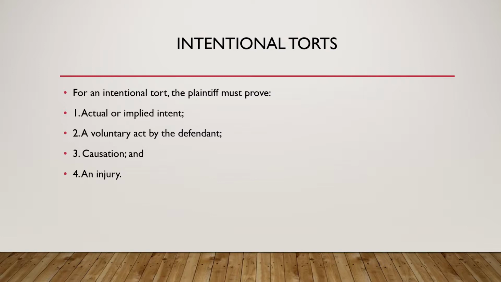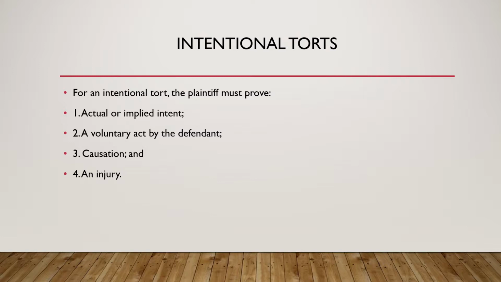So let's take an example of Andy does not like Samantha. So Andy intends to throw a baseball at Samantha. He throws the baseball at Samantha and hits Samantha, and Samantha falls down.